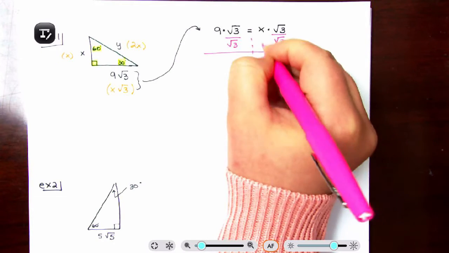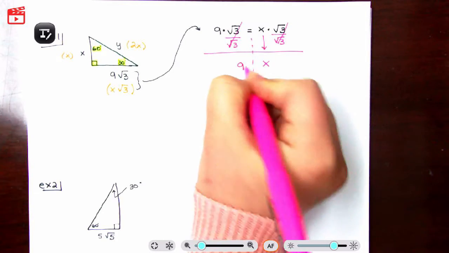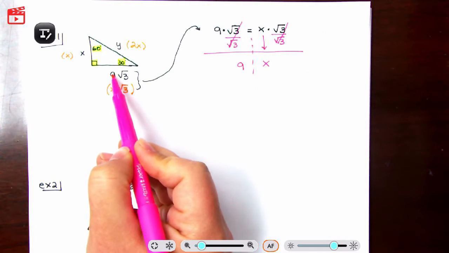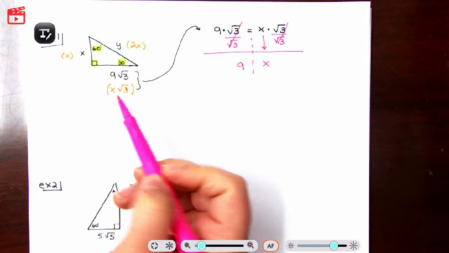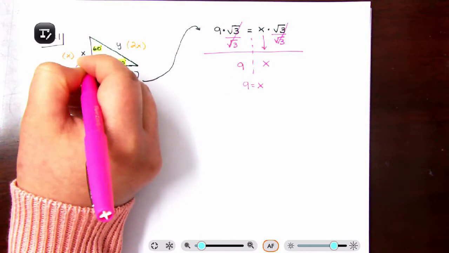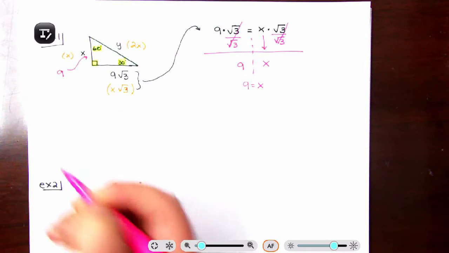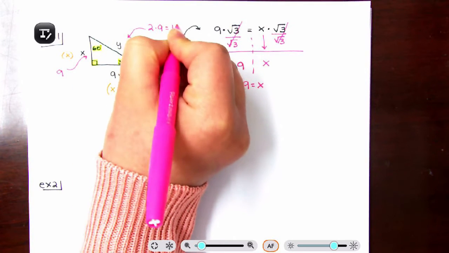So x is left over. These cancel out, so x is equal to 9. We can see that here, since the square root of 3 and square root of 3 match up. If 9 is x, that means this side is 9, and this hypotenuse is 2 times 9, which is 18.